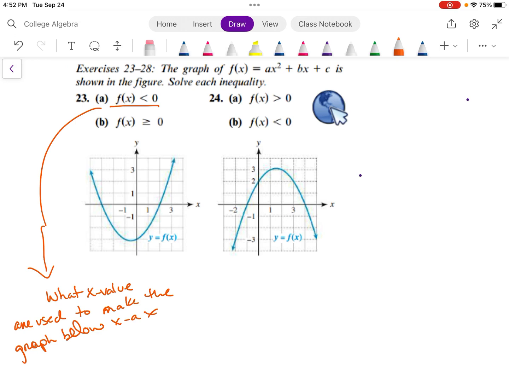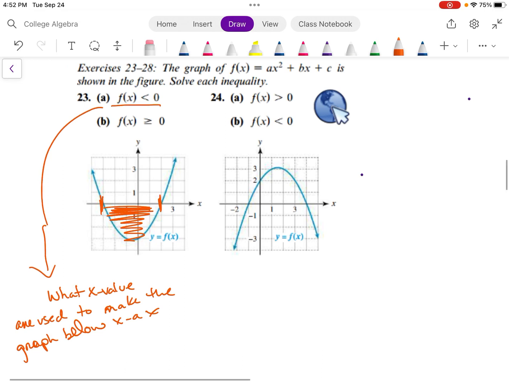So when is that graph below the x-axis? I can tell right here that it's between this x value and this x value. That would mean from -3 to 2, that's when I'm below the x-axis.